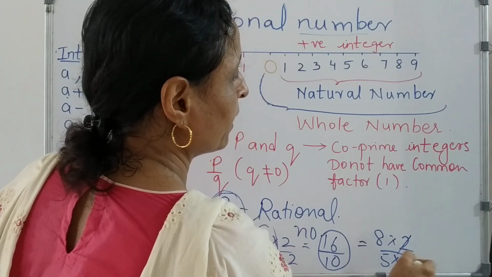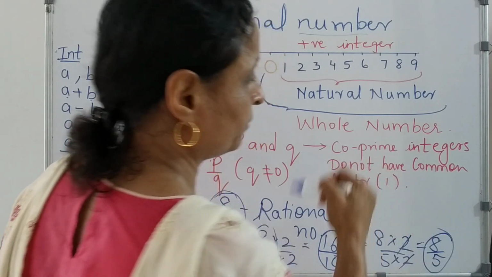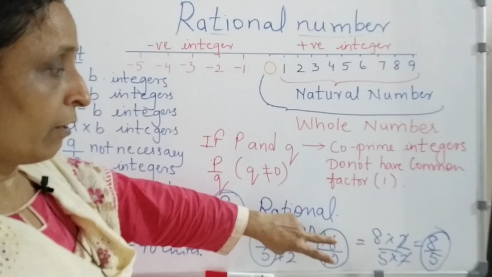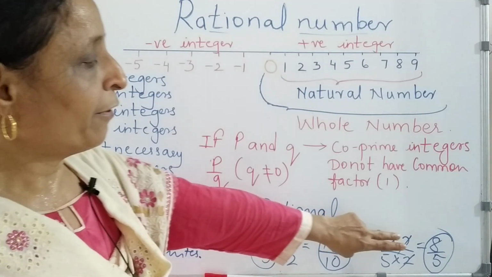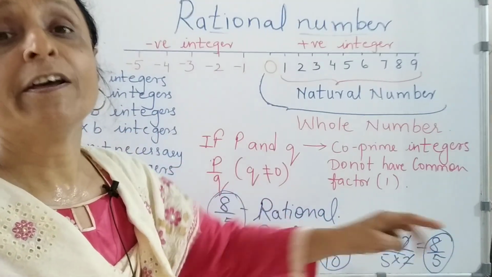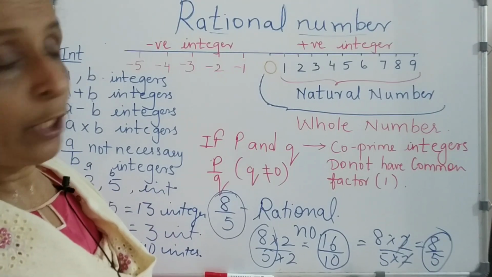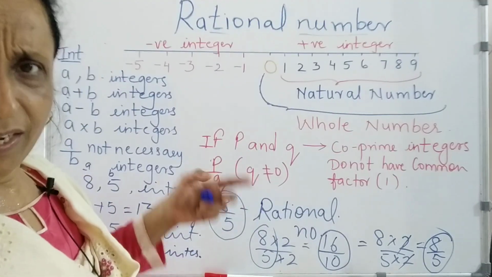This 2 will get cancelled and I bring this into standard form. It was in standard form, I added multiples, and now it is not in standard form. To bring it to standard form, I have to cancel this, and 8 by 5 is the standard rational number.